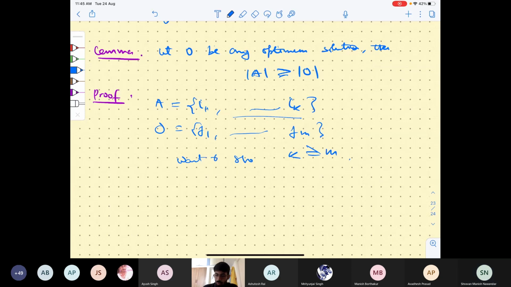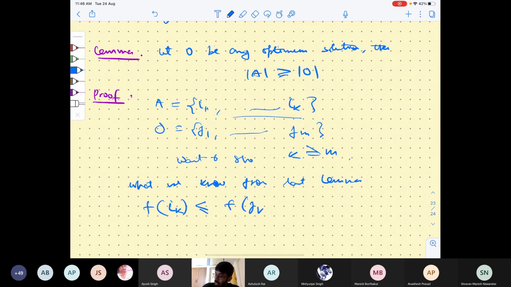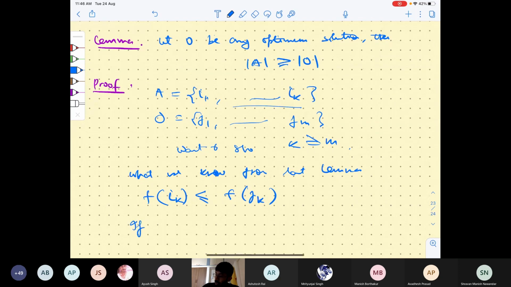Just to be more precise, we could say this for the last stage as well. At the stage K, what we know from the last lemma is that f of ik is less than or equal to f of jk. So if m is greater than k, then there are some intervals left.